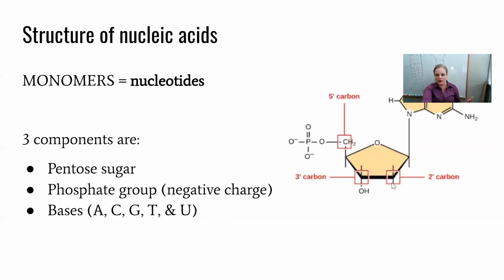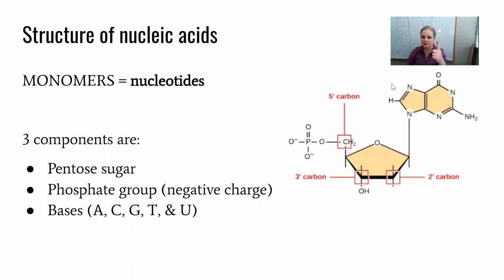In this case, we don't know if it's DNA or RNA, because what's on our number 2 carbon is just not there. So in our nucleotide, part number 1 is our sugar. Part number 2 is our phosphate group that carries a negative charge. That becomes important later when we start talking about DNA sequencing, and about how DNA is hydrophilic, and that hydrophilicness comes because of this negative charge.